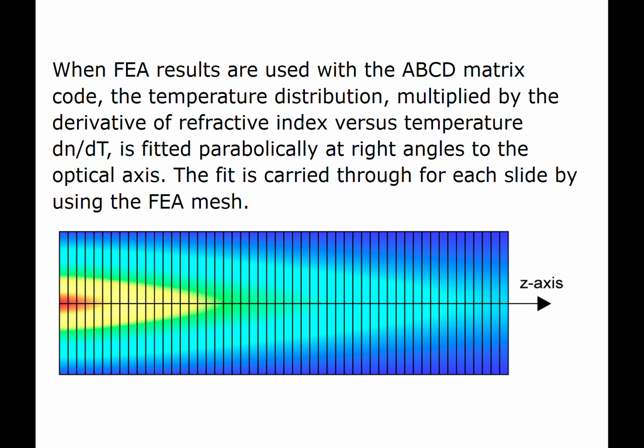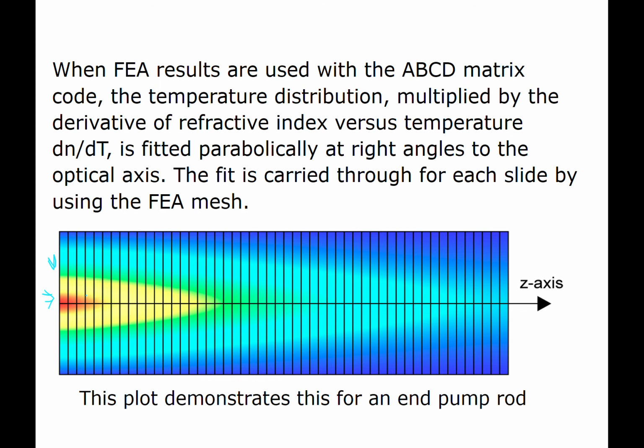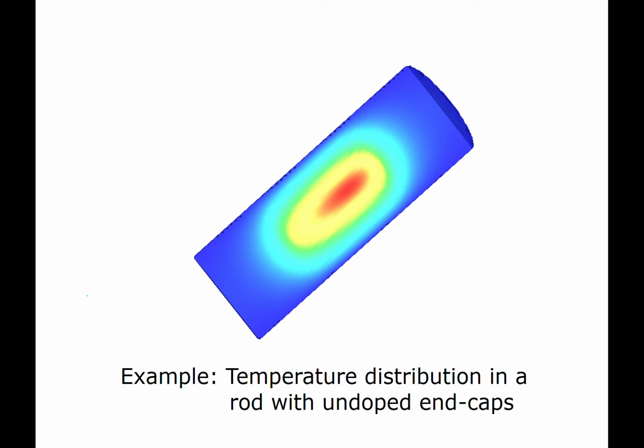So when you do the FEA analysis for the temperature, you can find the temperature profile like this: hot, less hot, and cool, for instance. This is for the case when it is pumped here, and the temperature distribution in a rod with the undoped end caps.